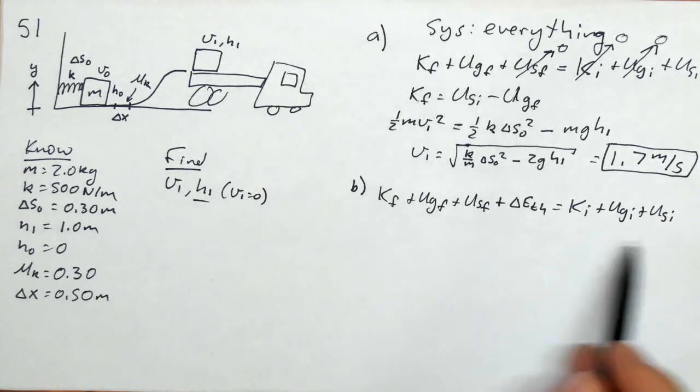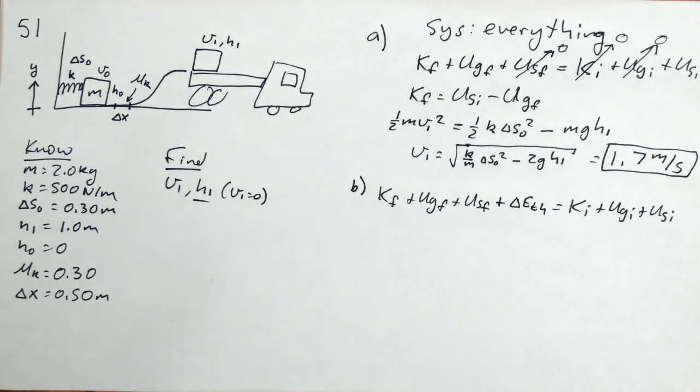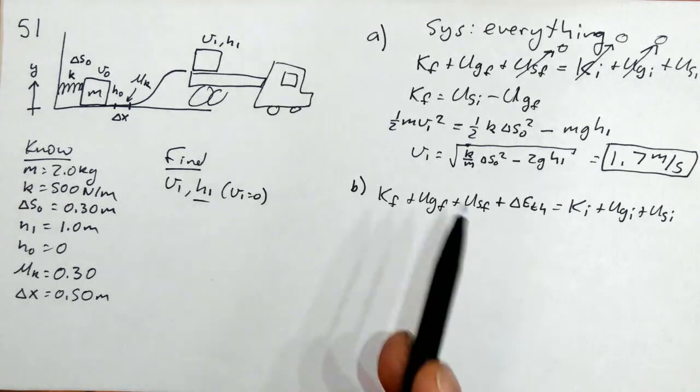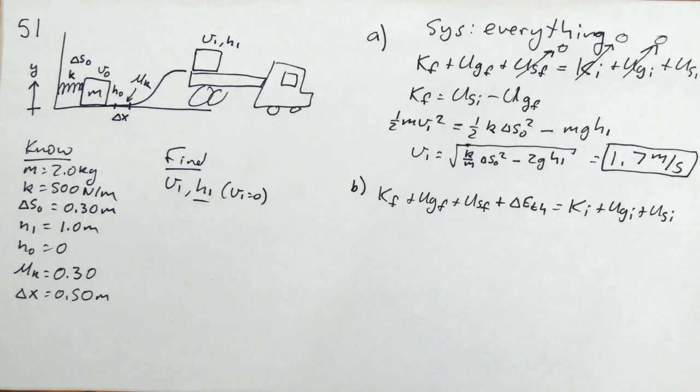Starting with that and thinking about how we did the previous one, pause the video and try to continue through to solve it, and see if you can find the final height when it stops.